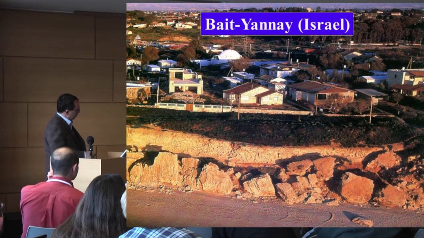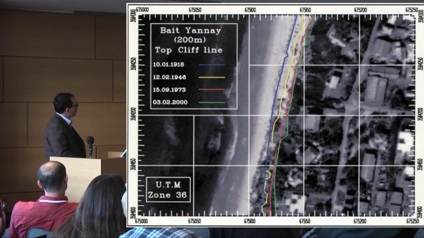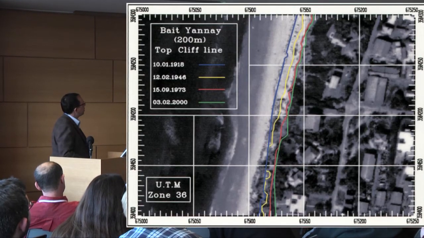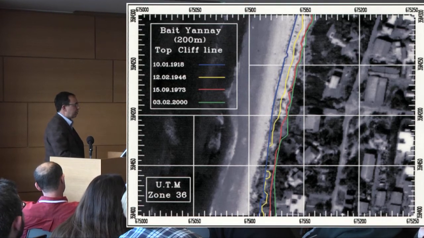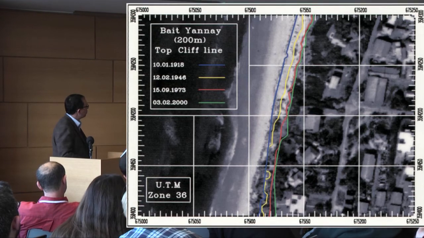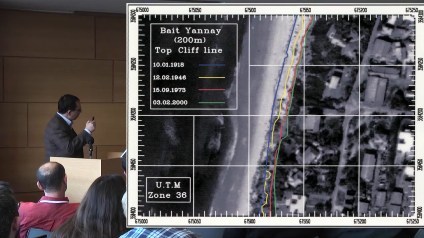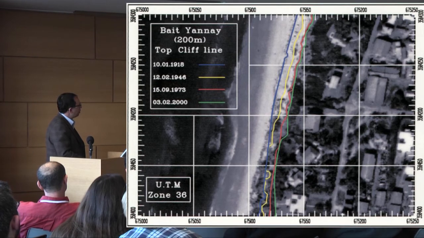We checked the retreat of the coastal edge during the last century. Our calculation led us to conclude that the cliff retreated at least, let's say, around 20 meters in the last century.